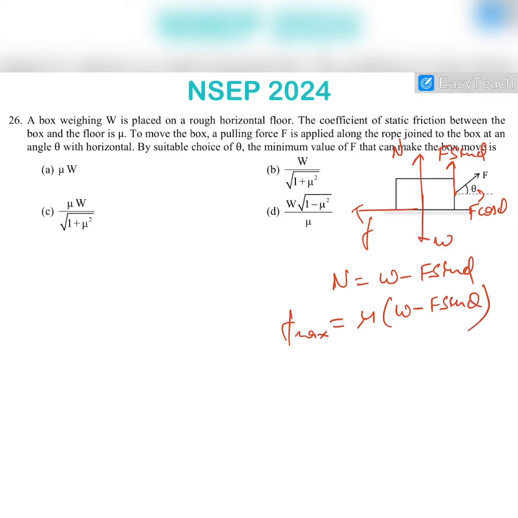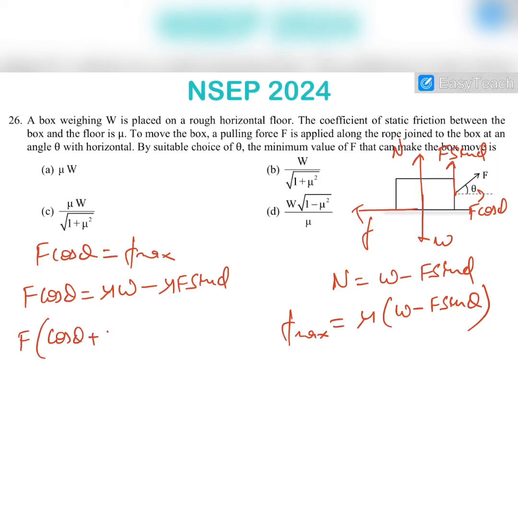And to move this block, F cos theta should at least be equal to F max. So F cos theta should be equal to mu W minus mu F sin theta. So F is common, so this is F times cos theta plus mu sin theta equal to mu W, and therefore this F will be equal to mu W by cos theta plus mu sin theta.